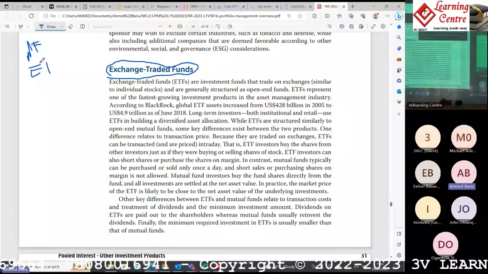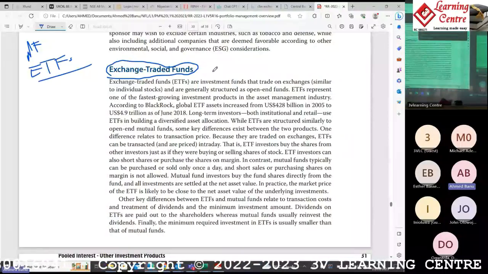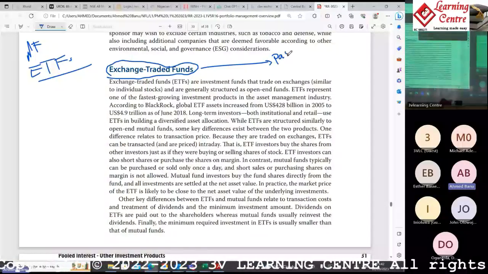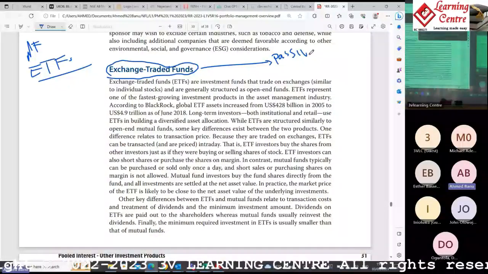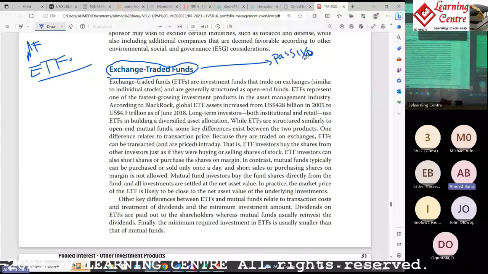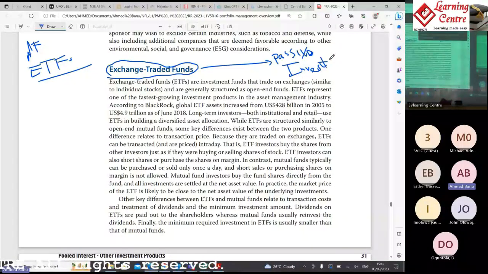And ETFs have become predominant because, like I said earlier, over the years, people have preferred passive investment. And this is the investment product that has fulfilled the need of passive investors.